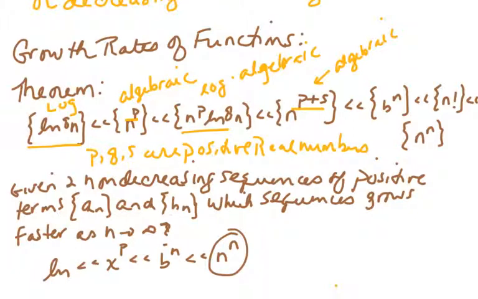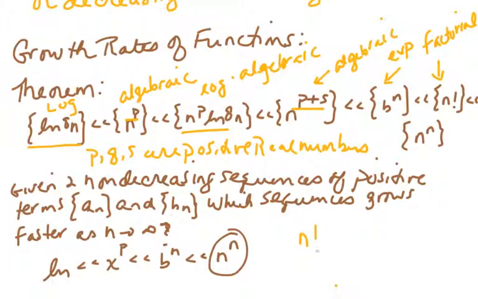So you're adding another exponent to it. And then here's your exponential function. And now here's a new one. That's your factorial. And we're going to be doing quite a bit with that. So that's where your factorial function, or your factorial sequence, falls.